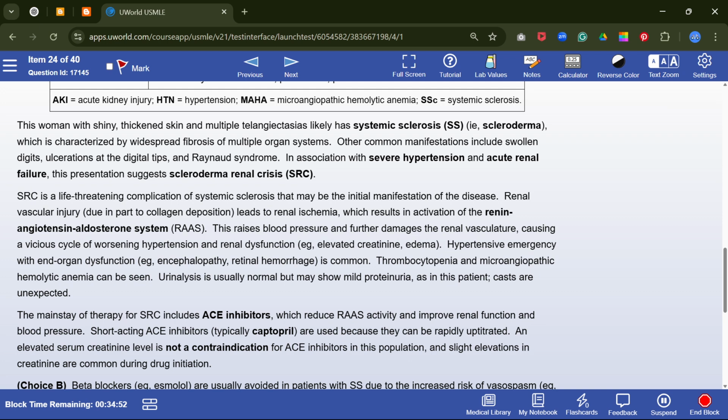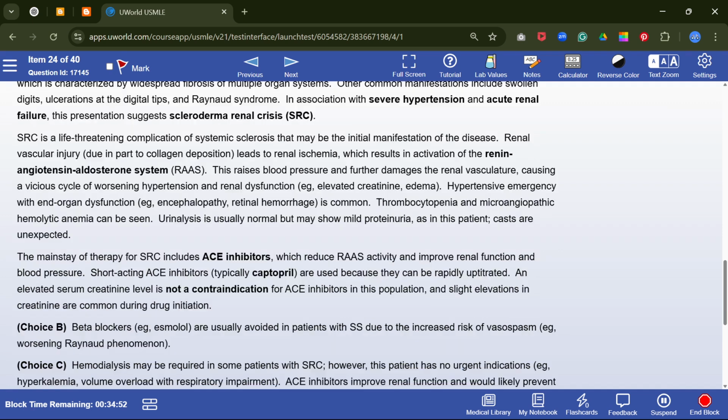Elevated creatinine, edema, and hypertensive emergency with end-organ dysfunction, such as encephalopathy and retinal hemorrhage, are common. Thrombocytopenia and microangiopathic hemolytic anemia can be seen. Urinalysis is usually normal but may show mild proteinuria, as seen in this patient; casts are unexpected.